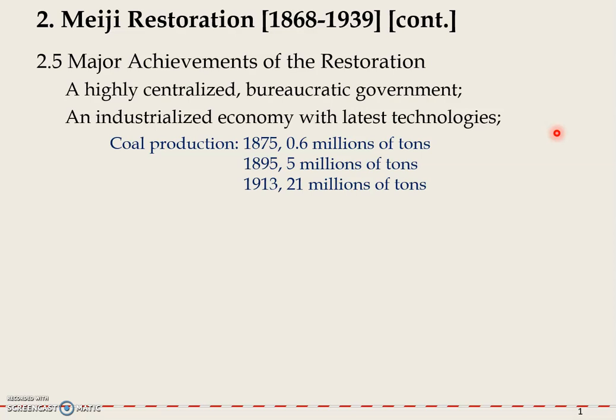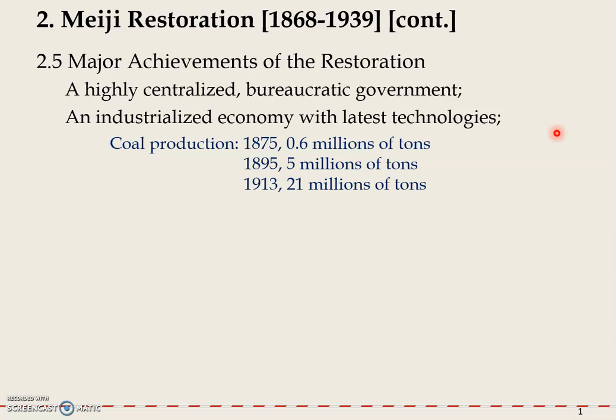So that's why here we also use more micro level or firm level or sector level statistics to show the economic development during the Meiji Restoration. The first one we look at here is the coal production. Again, 1875, that's just several years after the beginning of the Meiji Restoration.